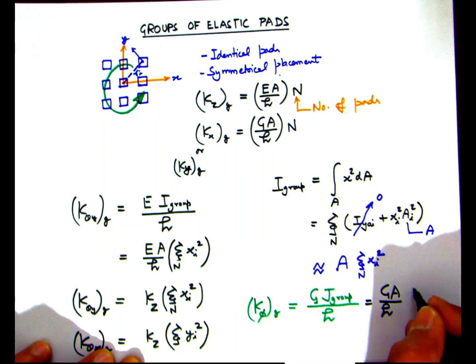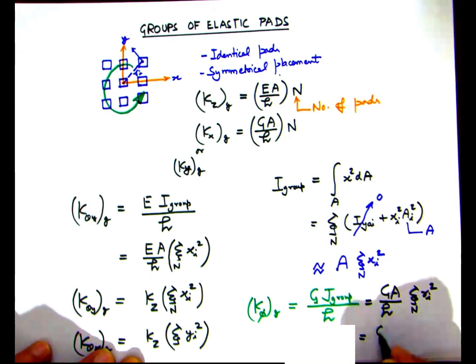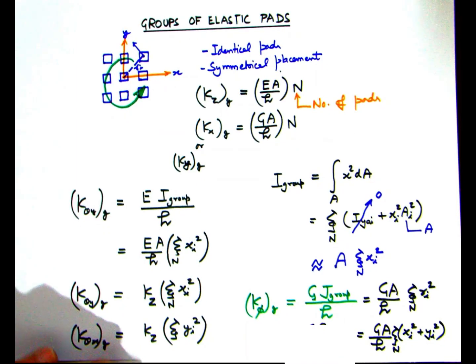So here we can use the parallel axis theorem, and what we find is that this expression is given by GA by h, which is basically kx, multiplied by the summation of ri square, that is the radial distance of the centroid of each of the pads from the centroid of the group.